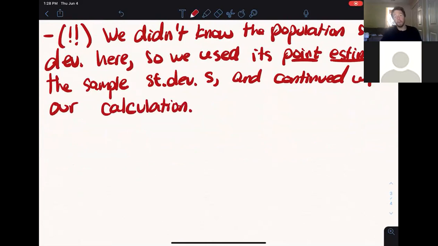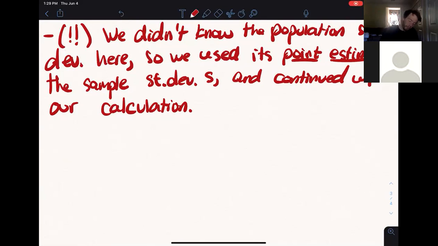So how good of a thing was this to do? Is this sort of a reason? I mean, perhaps it's a reasonable thing to do. We didn't know what the standard deviation was. We needed it for our calculations, so we plug in our best guess for the standard deviation. Sure, but what sort of repercussions does that cause? And when can we do that, and when can we not do that?